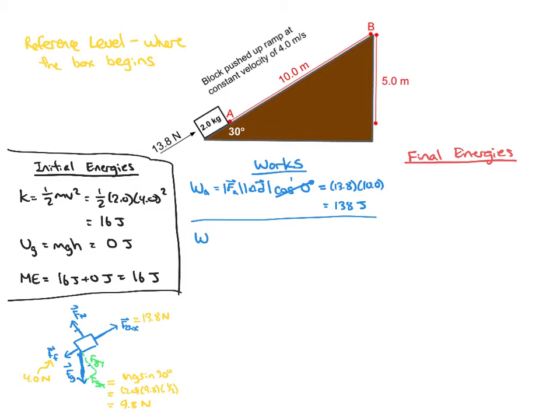I'll denote that with W subscript F. So that'll be the force of friction times the displacement times the cosine of the angle between the friction and the displacement. So the friction points down the ramp, while displacement points up the ramp.